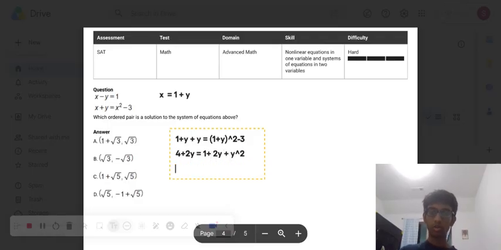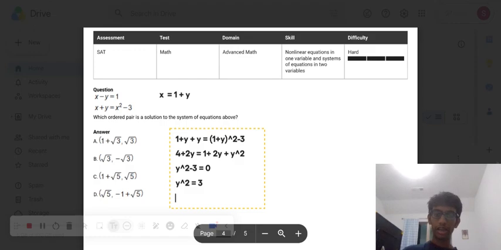And we can turn this into a quadratic, so y squared minus 3 is equal to 0. And what we can do is take y squared as equal to 3, and y would be equal to the square root of 3, and not only that, it would be plus or minus the square root of 3.